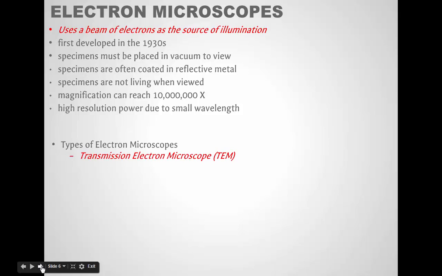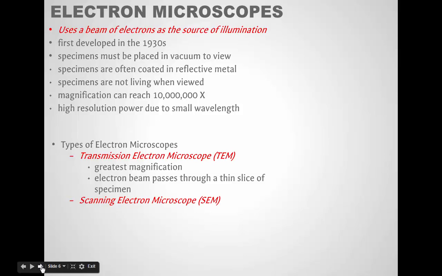The transmission electron microscope is similar to a compound light microscope in that the electrons are passing through the sample that you're viewing, just like in a compound light microscope, light passes through the specimen. It still has to be sliced thinly.